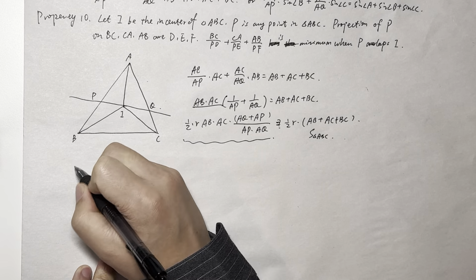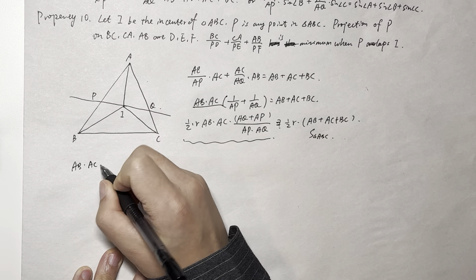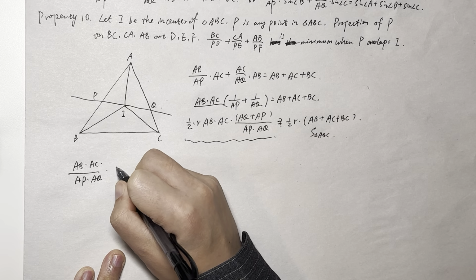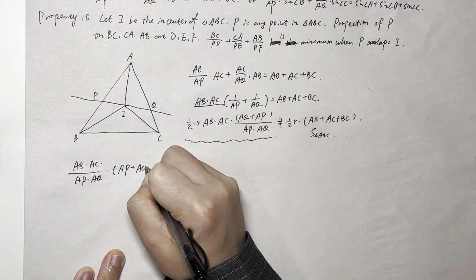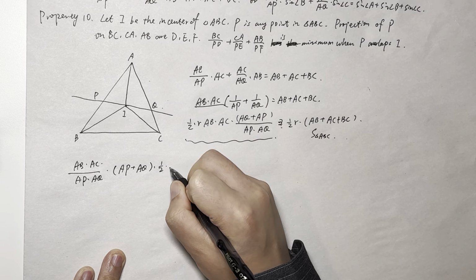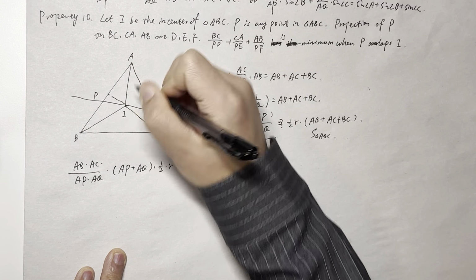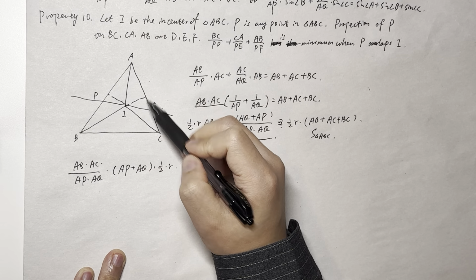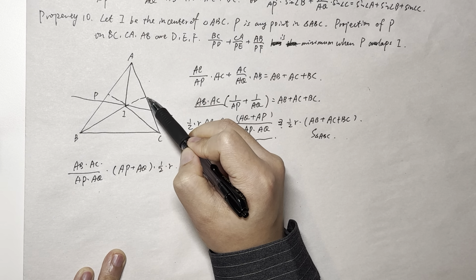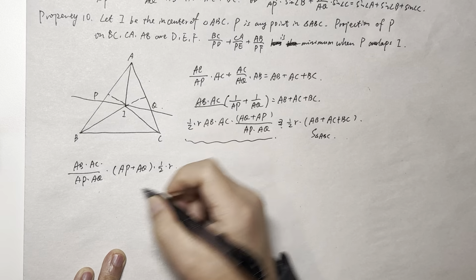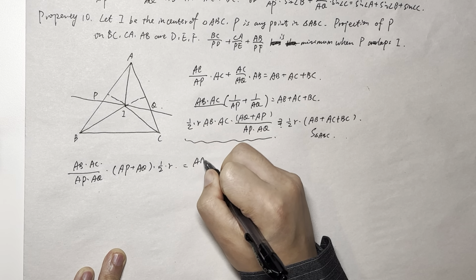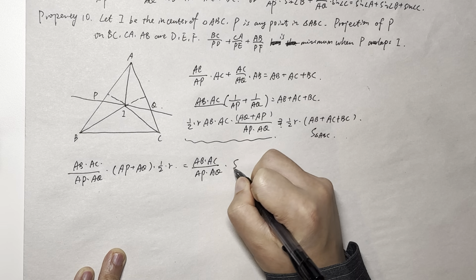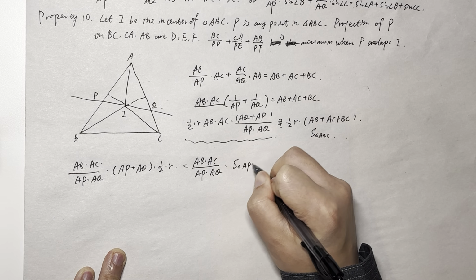So AB times AC divided by AP times AQ, times AP plus AQ, times half of R, right? So that's the area of triangle APQ, right? AP plus AQ times R times 0.5. So it equals AB times AC over AP times AQ, times the area of triangle APQ.